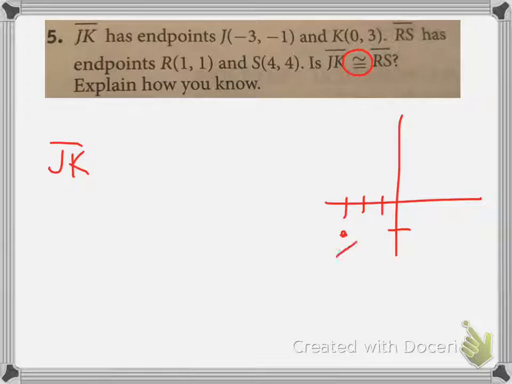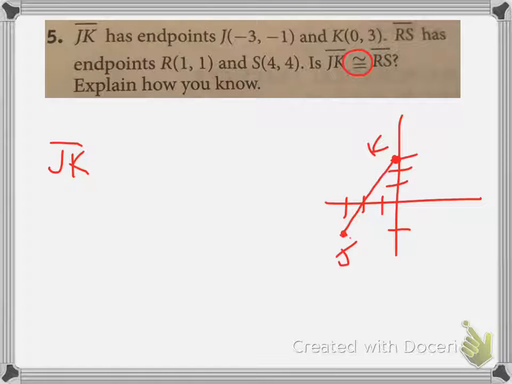This is J, and then K is 0 on the x and 3 on the y. When I touch them, that is JK. Remember, we don't know the distance of this yet. That's what we're going to figure out.